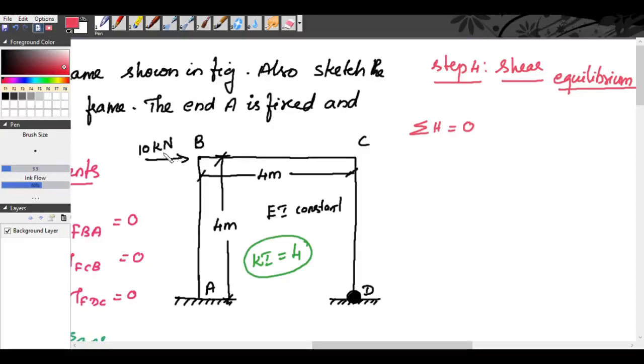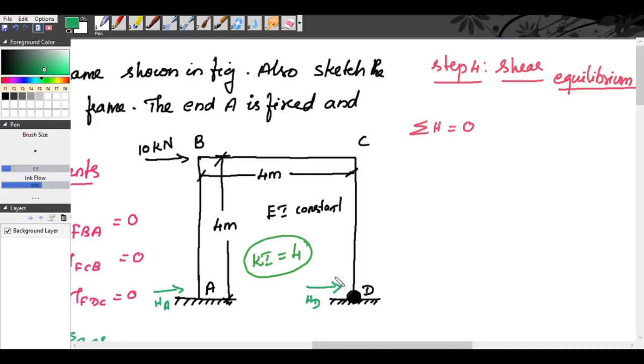Now here, since there are horizontal or lateral loads, there will be horizontal reaction HA. Similarly, there will be horizontal reaction HD. Initially we assume both act towards the right.